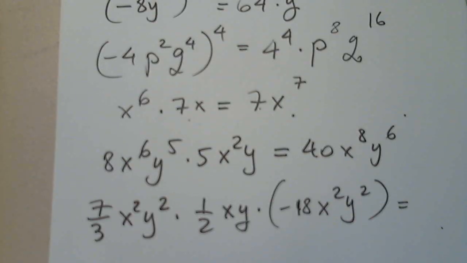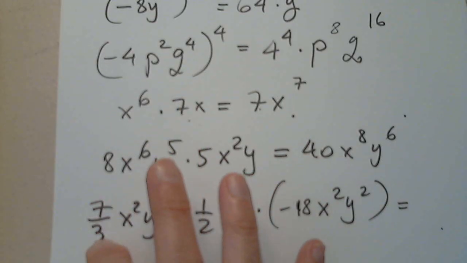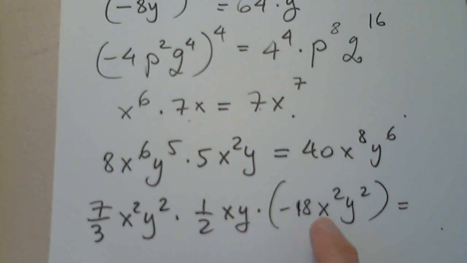So let's see what we get when we multiply 7/3 times 1/2 times negative 18. You should always take care of the sign first. It's always easier to take care of the sign first. What will be the sign?